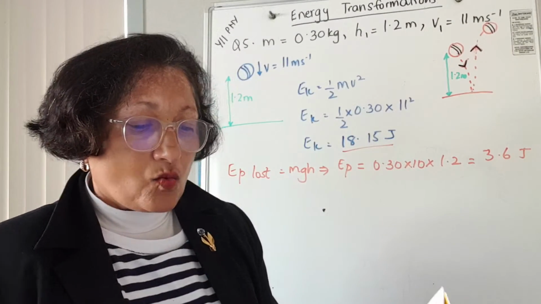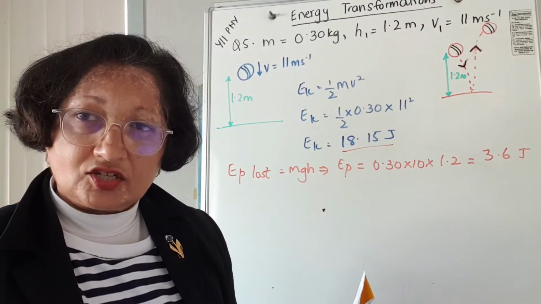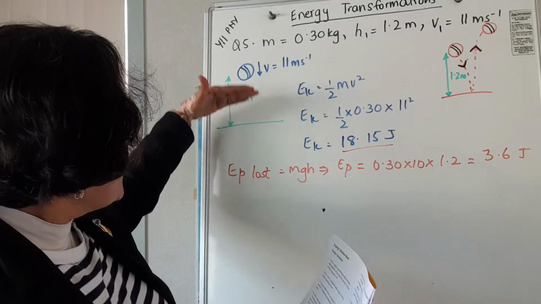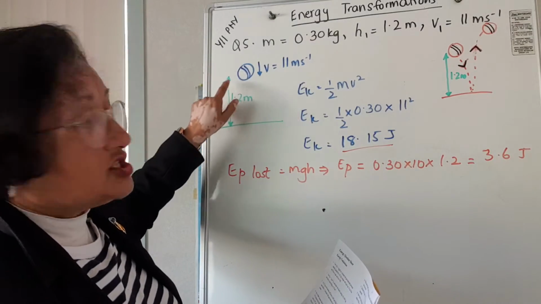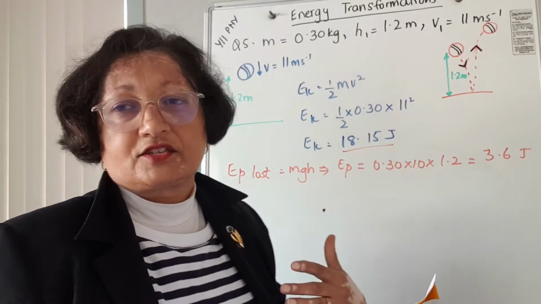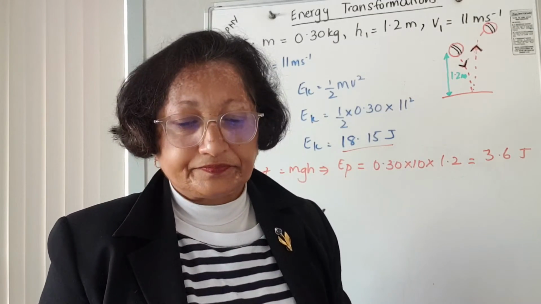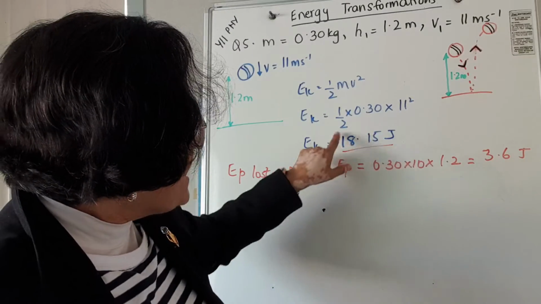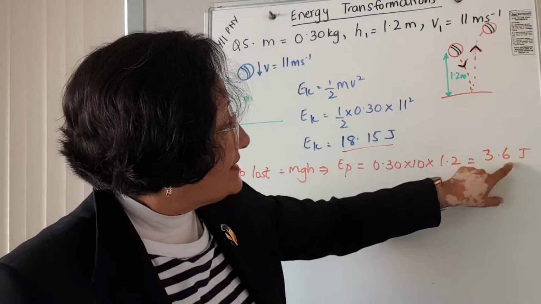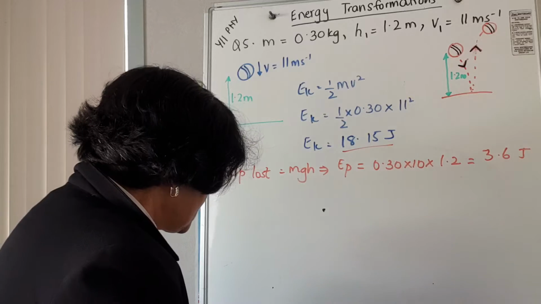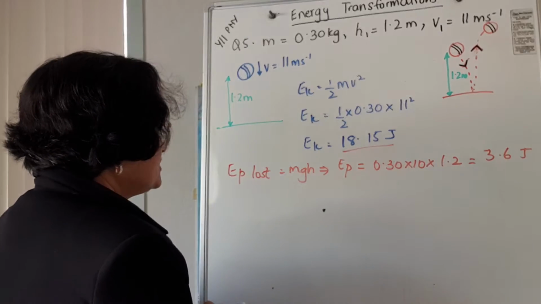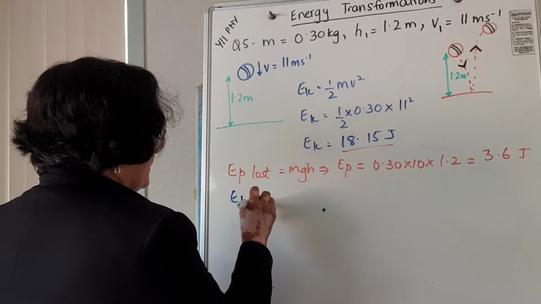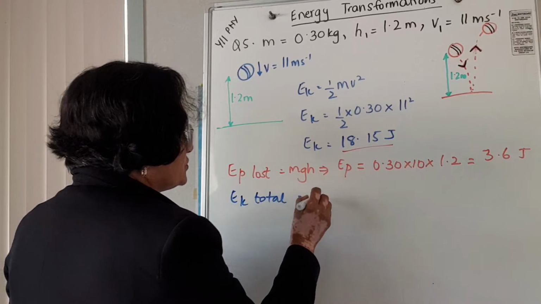The next is, what does this gravitational potential energy change to? As it's falling down, this gravitational potential energy due to the height is being changed to kinetic energy. So what is the total kinetic energy? It already has this much kinetic energy, and that also becomes kinetic energy. So your total kinetic energy is, you just add those two.